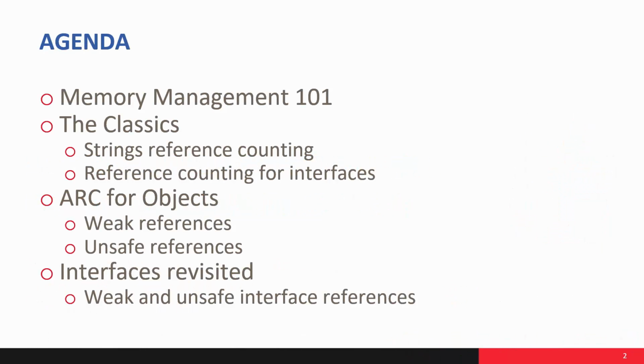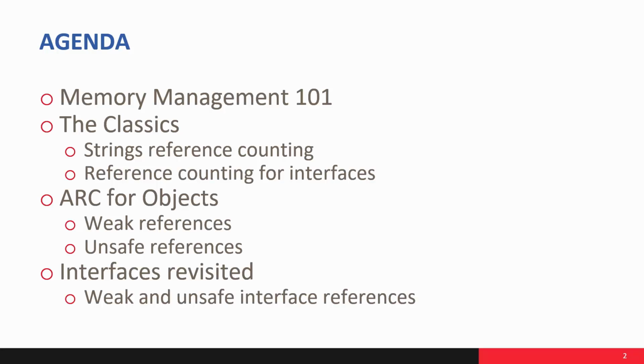What we're going to cover is, after a very short introduction of memory management and some of the core ideas around it, I'm going to spend a little time on traditional reference counting for strings and references. And then I'm going to focus on ARC for objects, covering weak references, unsafe references, and some other cases.